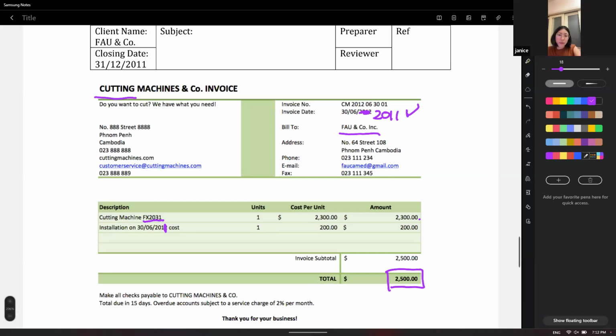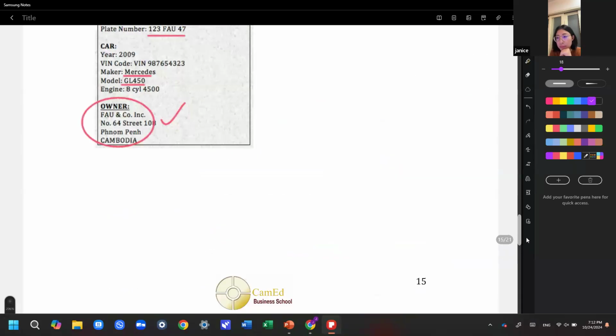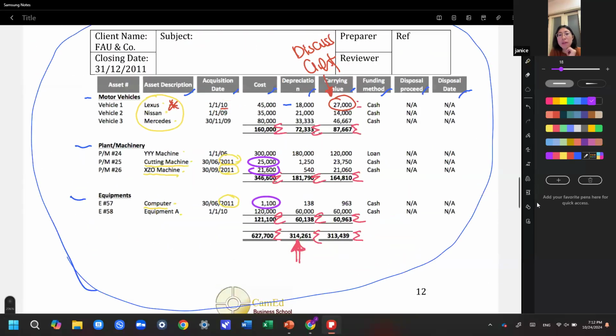Do you guys see any problem here? What's the amount that was recorded in the register? If we go back to the register, for the cutting machine, what do you guys see?